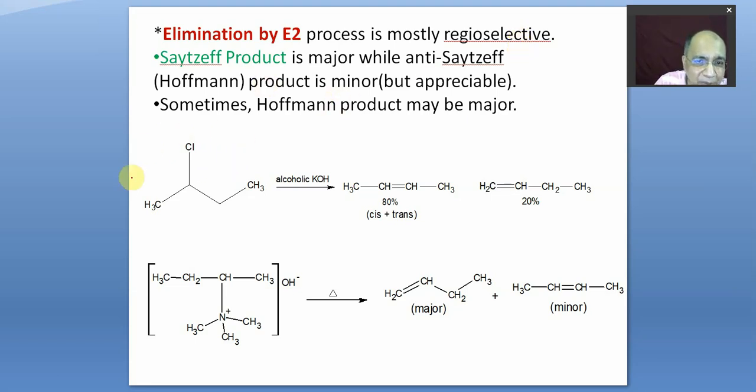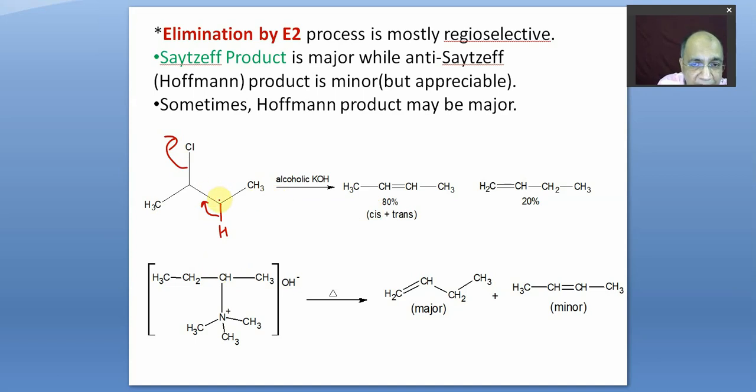So whenever 2-chlorobutane is treated with a strong base like alcoholic KOH, there is elimination. Say there are two possibilities. Here is one possibility of elimination. This is called beta elimination, and the mechanism is E2. Forget the mechanism, whether it is E2 or something else. If you have not studied the detailed mechanism of elimination, you forget.